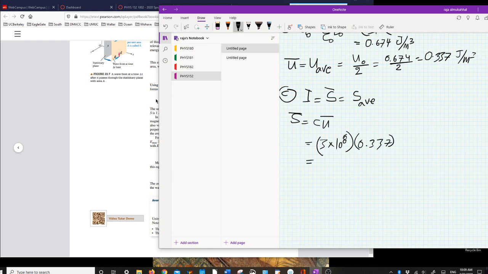And then we calculate that, and I'm using the hard copy of the book, I have it in front of me here, and we will get 1.01 times 10 to the 8.